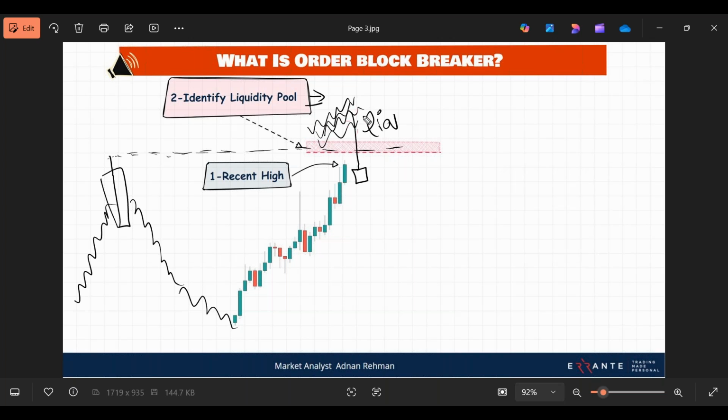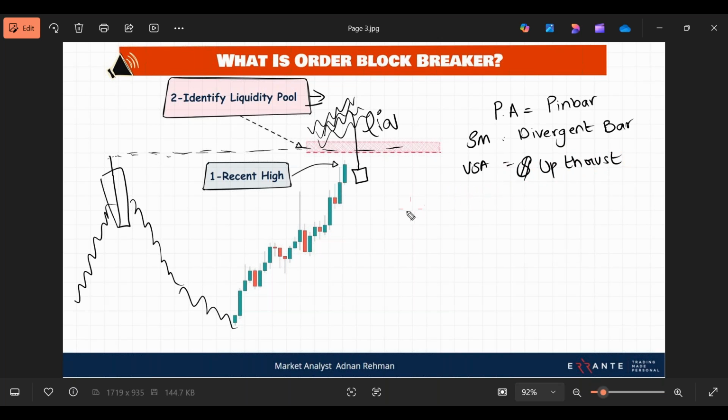we want to see a rejection, in easy words, a pin bar, some sort of a pin bar type of candle. In easy words, in price action, it's called a pin bar. If you look into smart money, it's called a divergent bar. If you look into VSA, it's known as an upthrust.